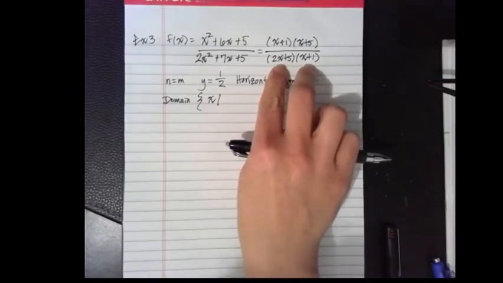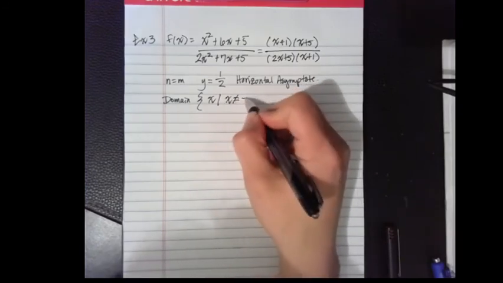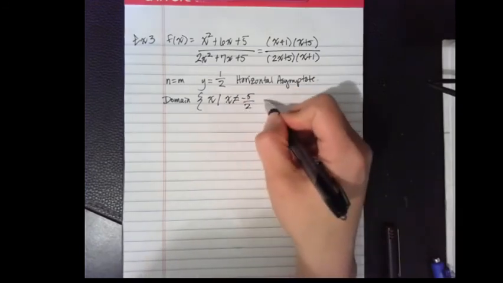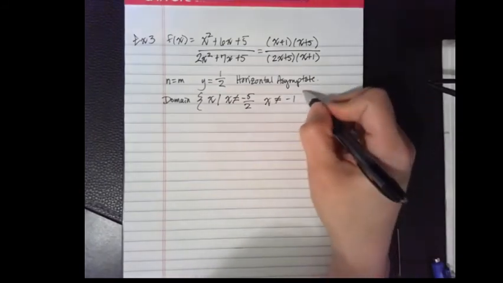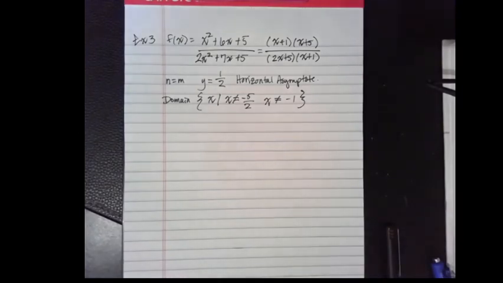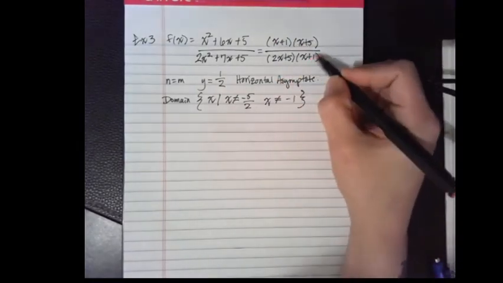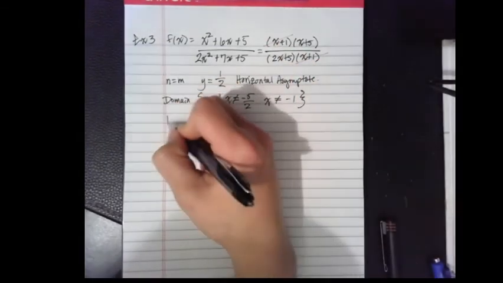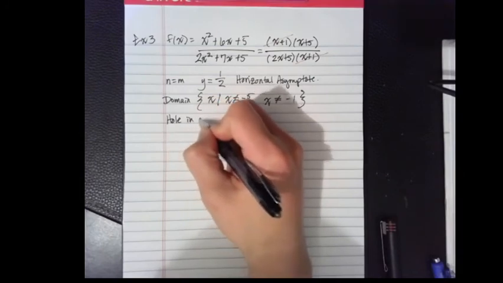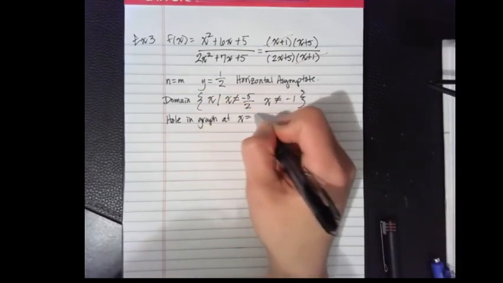If I set them both equal to 0, that tells me x cannot equal -5/2 and x cannot equal -1. Okay, but I have x plus 1 in both numerator and denominator. I know those are going to cancel out, so I have a hole in my graph at x equals -1.